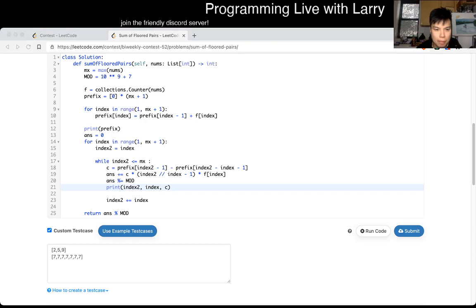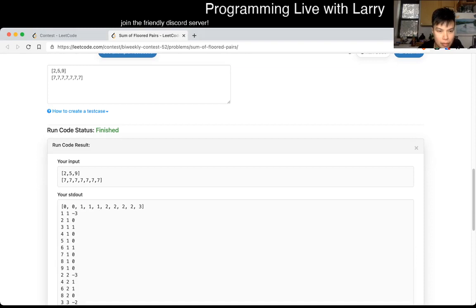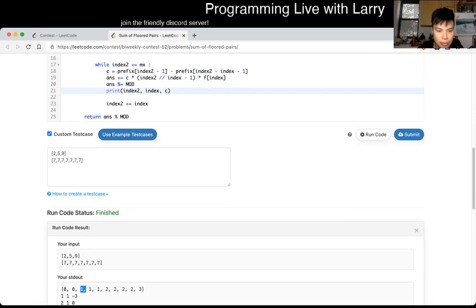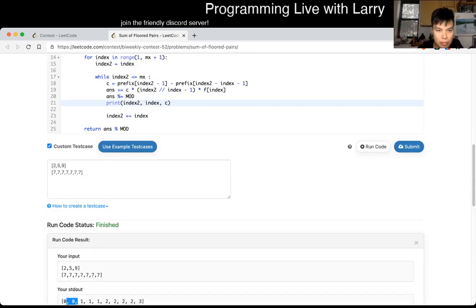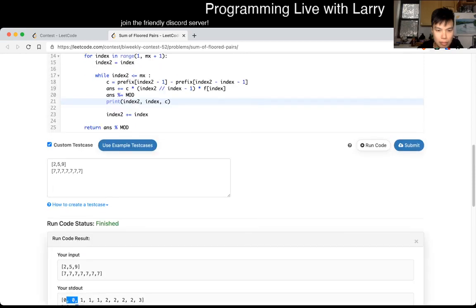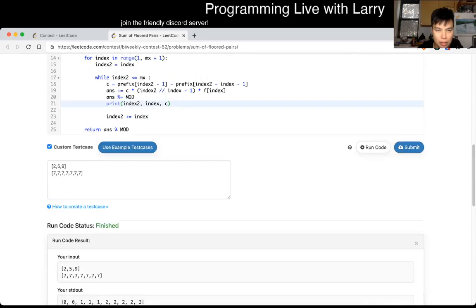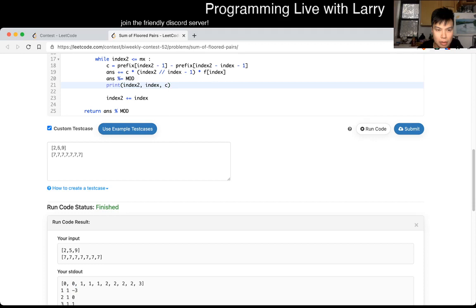What am I doing wrong? So add 2. Why is C ever negative? Oh. Debugging is silly.